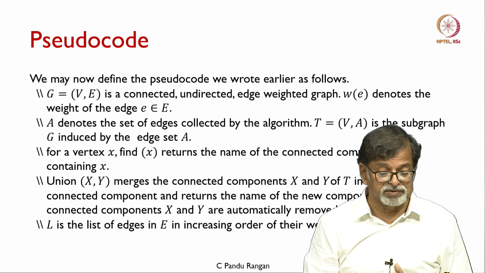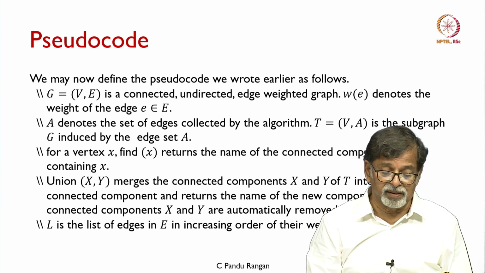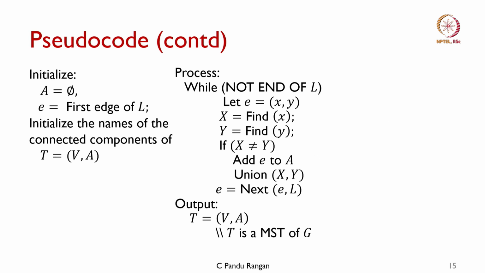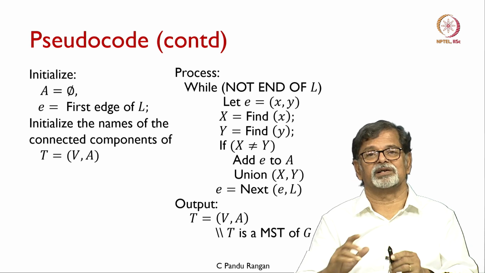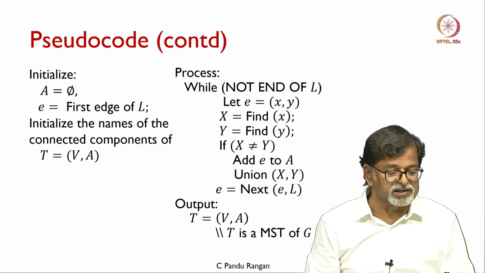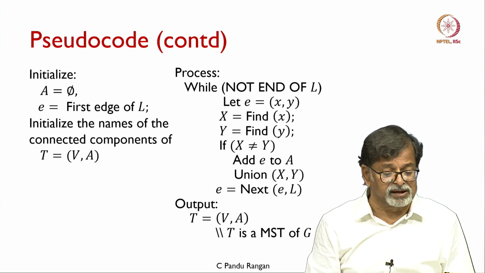T_A is the subgraph of G induced by the edge set A. For a vertex x, find(x) returns the name of the connected component of T containing x. Union(x, y) merges the connected components x and y into a new connected component. And L is the list of edges in increasing order of their weights. With this notation, here is a much better presentation of the algorithm. A is initialized to the empty set, and E is the first edge of L.